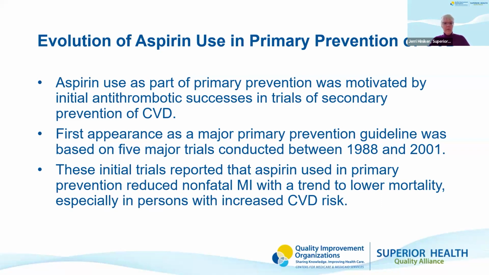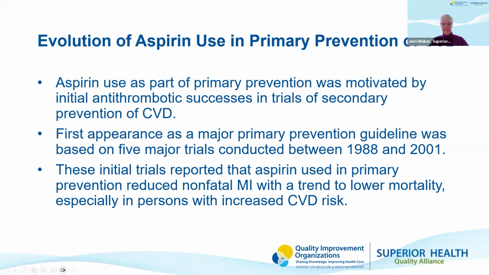And so we thought, okay, aspirin, this is great. Not that aspirin isn't a great drug, but that is why we first started using aspirin in primary prevention. We were thinking that it could help prevent fatal heart attacks and lower mortality overall if you have cardiovascular disease risk.